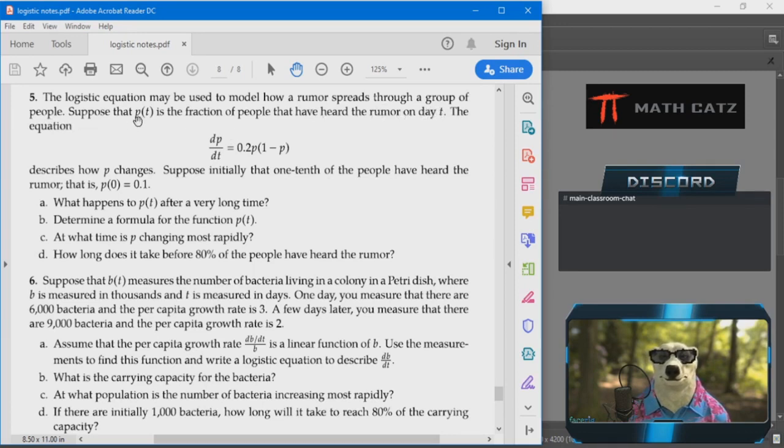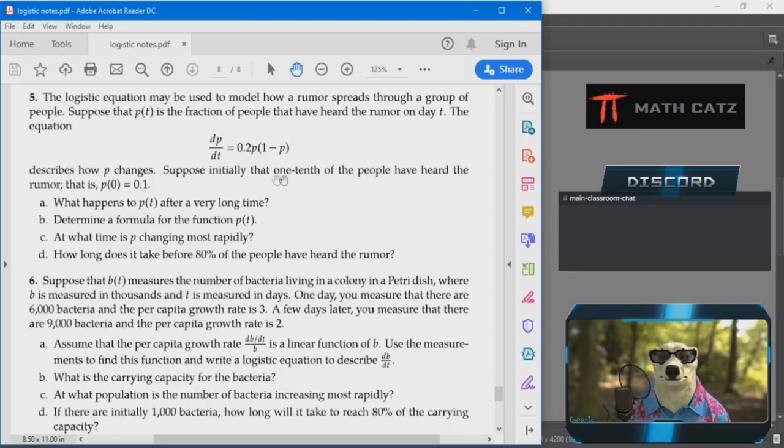So we're going to let P represent the fraction of people that have heard the rumor on day t, and we have this familiar logistic equation where I have some growth constant proportional to the quote-unquote population size and the gap to 100% capacity, of course. So 1 is my capacity. And that describes how P changes. So not a Y, I'm going to use a P.